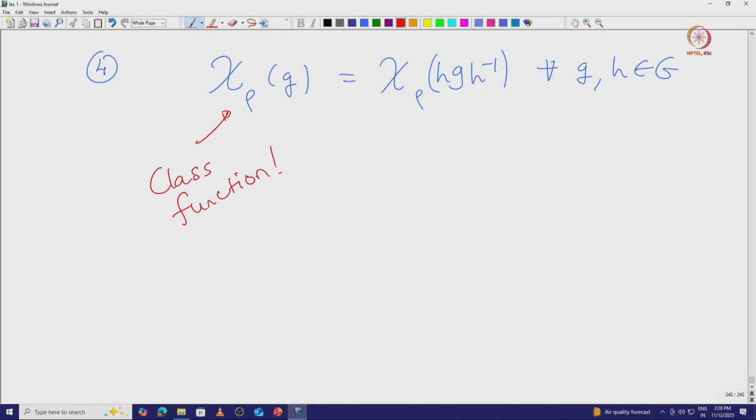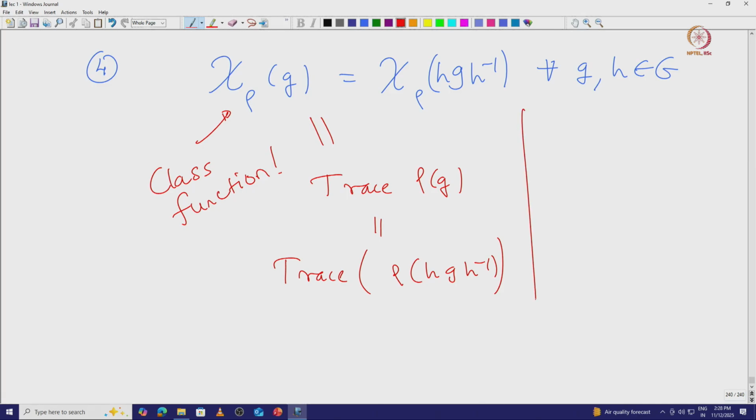Okay. Again the proof just uses the property of trace. On the left hand side, chi rho of g by definition is the trace of rho g, which we claim is equal to the trace of rho of h g h inverse. Recall that rho being a group homomorphism, rho of h g h inverse is equal to rho of h times rho of g times rho of h inverse.